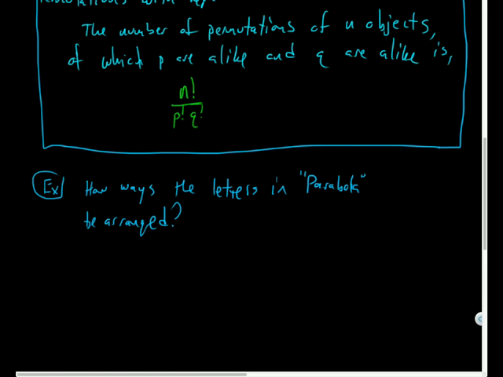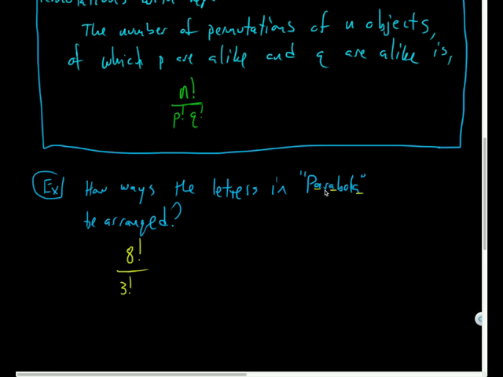So I'll switch colors here. I'll have 8 factorial as the total arrangement if I had distinct letters for all of them, right? And then I've got to divide by my repetition cases. So there's only a single P. It looks like there's 1, 2, 3 A's. So I'm going to divide by 3 factorial.